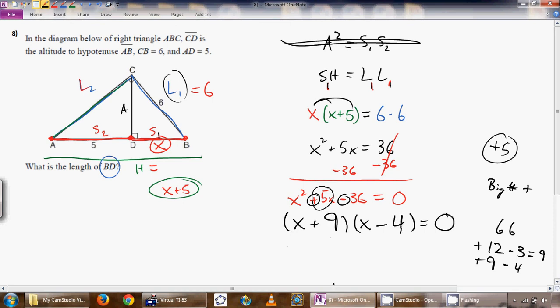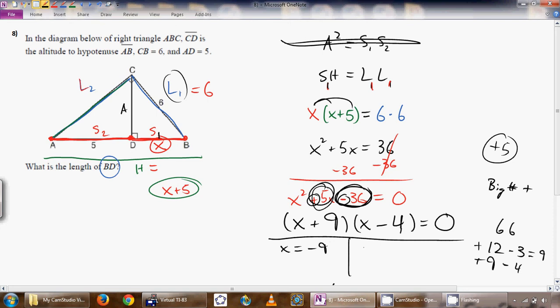Because when I do this multiplication, 9 times negative 4, that gives me that negative 36. And then when I sum them together from the result of my x's, because I'm going to have 9x and a negative 4x, that's going to give me that middle term, the positive 5x. So x over here equals negative 9.